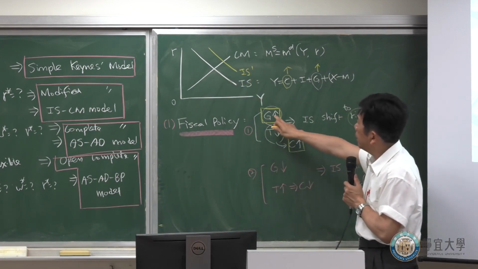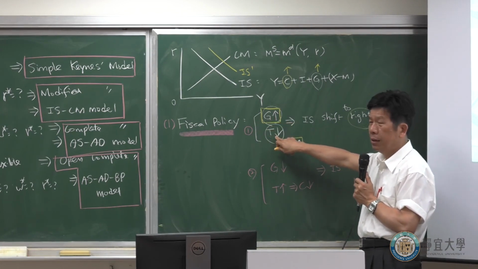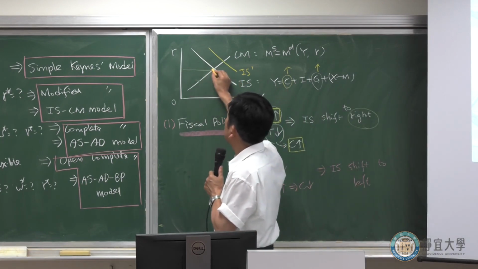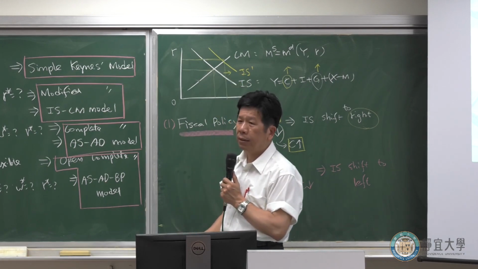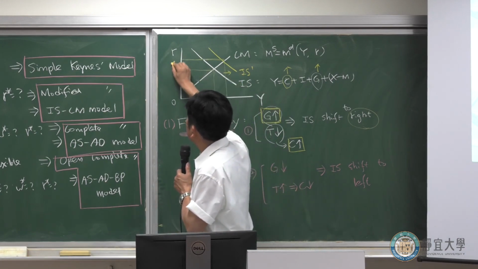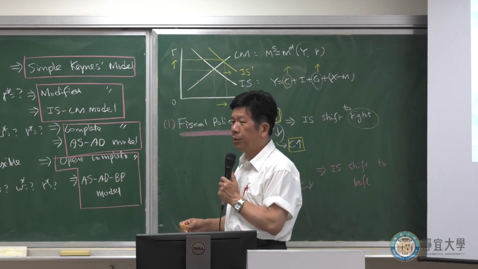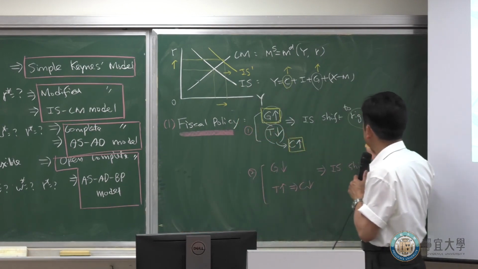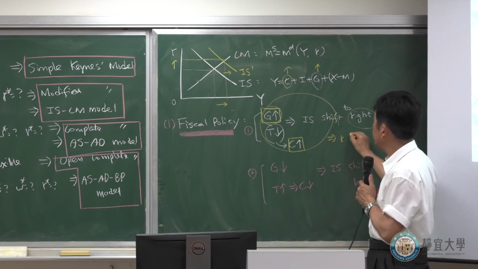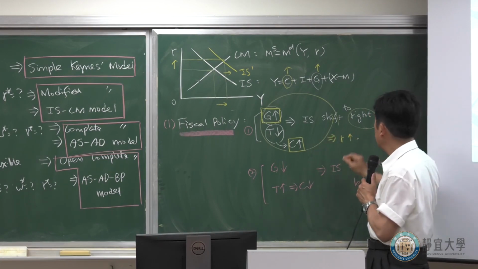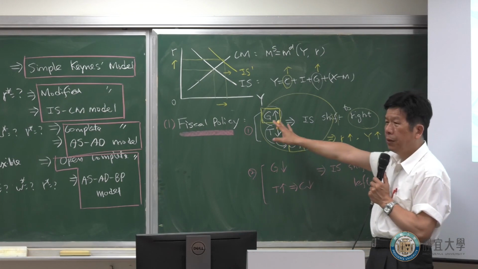If we let government spending increase or the tax decrease, the IS curve will shift to the right-hand side, and then the interest rate increases, and output or income also increases. So Y increases as well. This is what we call fiscal policy.